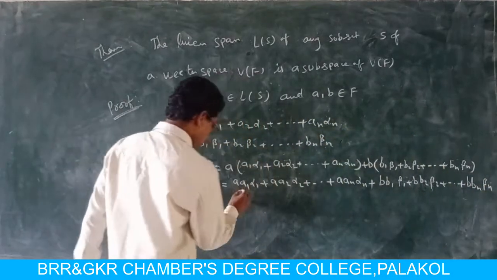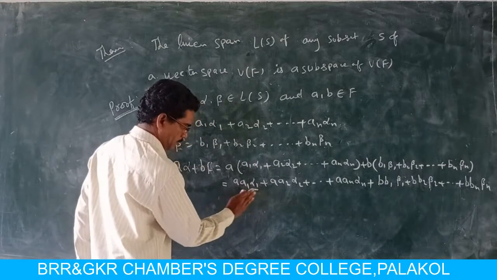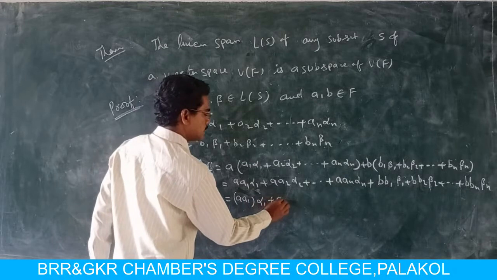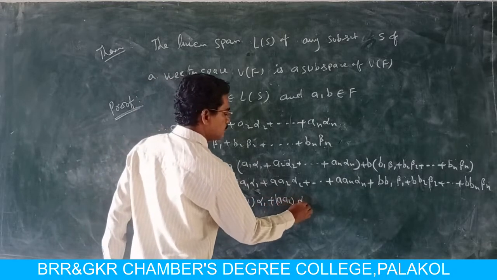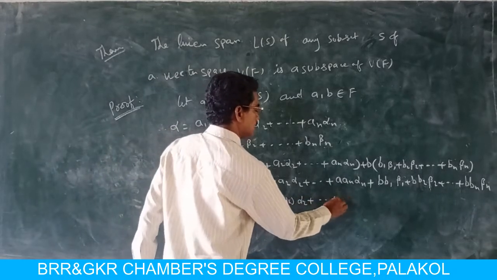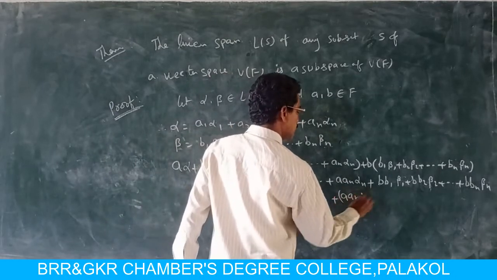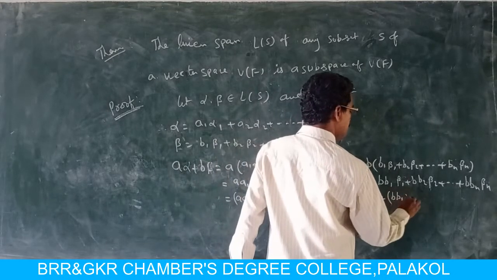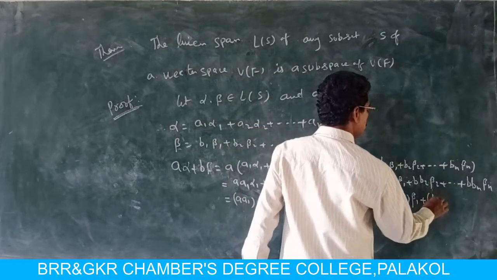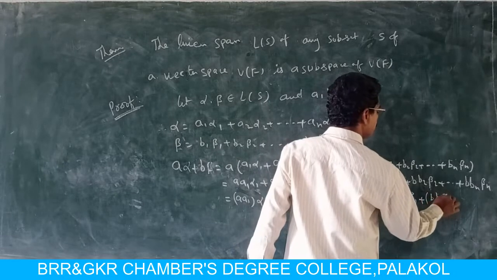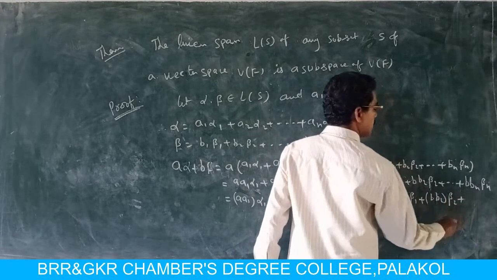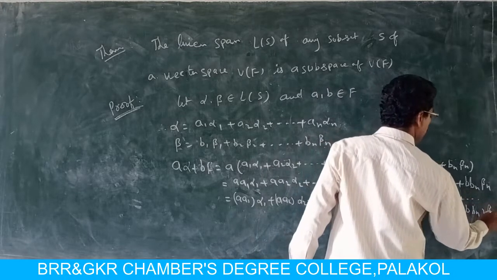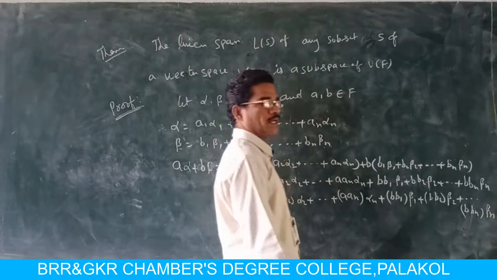Here it is a scalar and it is a vector, then a1 into alpha 1 plus a2 into alpha 2 plus so on plus an into alpha n plus b1 into beta 1 plus b2 into beta 2 plus so on plus bn into beta n.